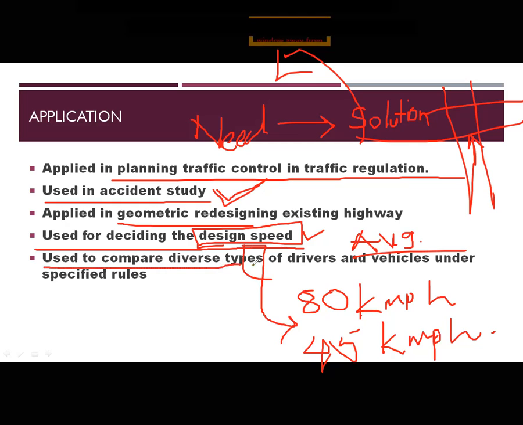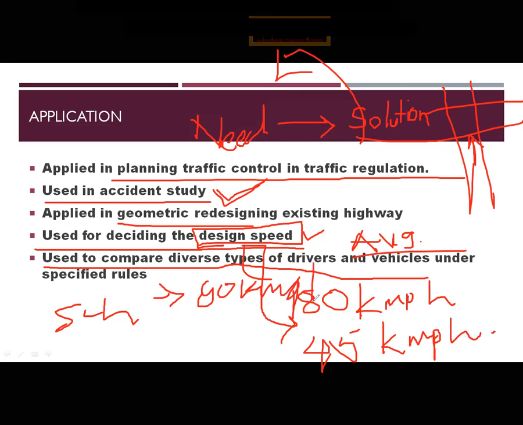It is used to compare diverse types of drivers and vehicles under specified rules and conditions. Consider one thing: if a school bus is running at a speed of 90 km/h, it is not acceptable in any situation.